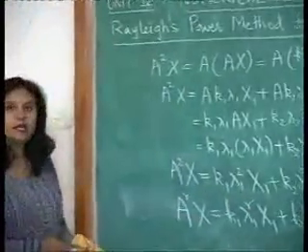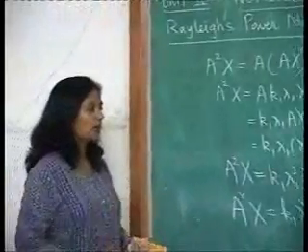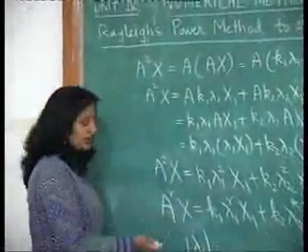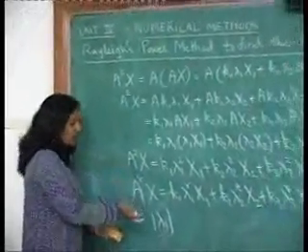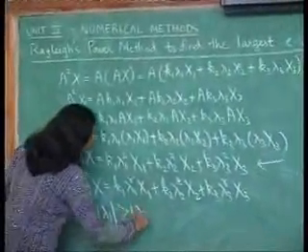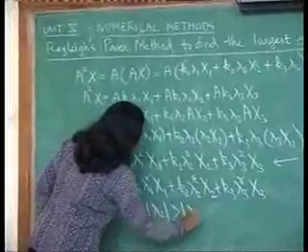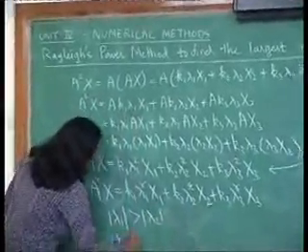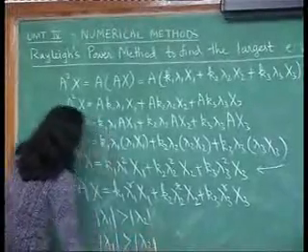Now out of the three eigenvalues lambda 1, lambda 2, lambda 3, suppose in magnitude, that means after ignoring the sign, lambda 1 is the greatest eigenvalue. Suppose lambda 1 is greater than lambda 2, lambda 1 is also greater than lambda 3.